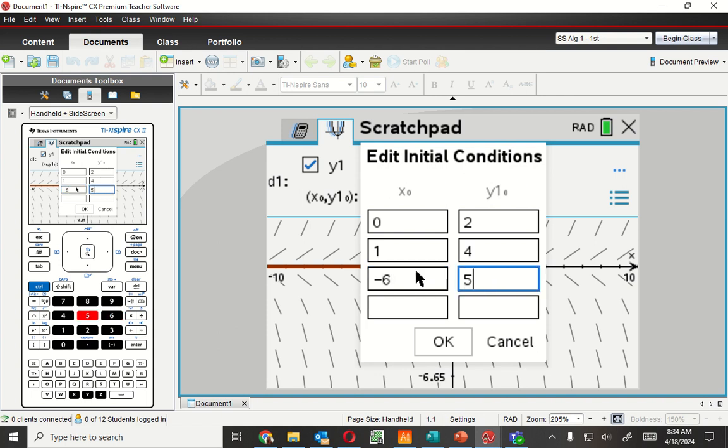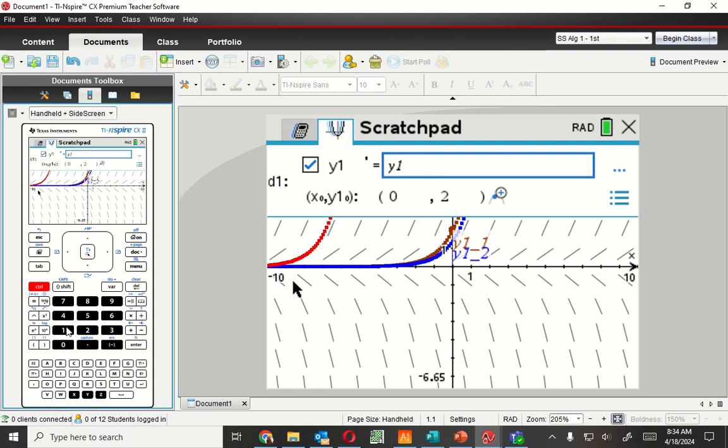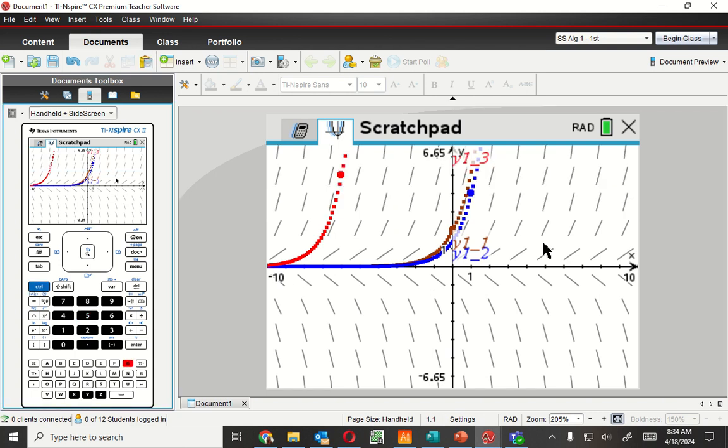All right, let's see what those are going to look like. So going through -6, 5, way up here. If you notice right here, here's the other one. Here's another particular solution.